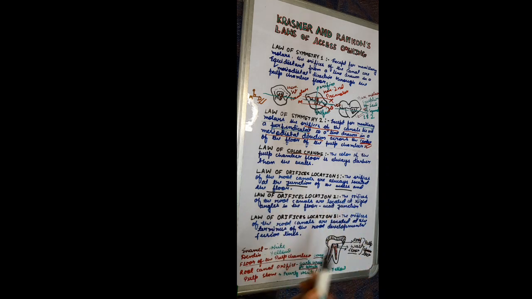So the orifices of the root canals are always located at the junction of the walls and the floor. So this is the wall and this is the floor, and the orifice will lie at the junction where the floor and the wall are meeting.